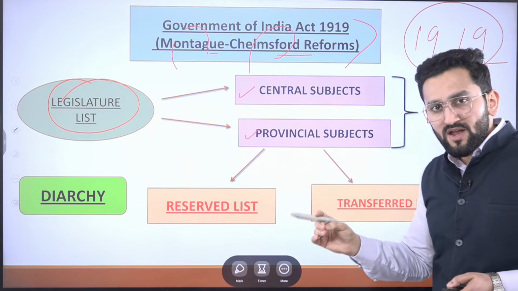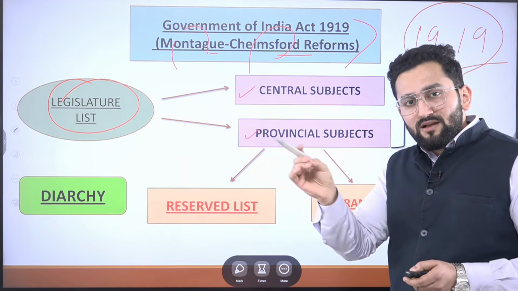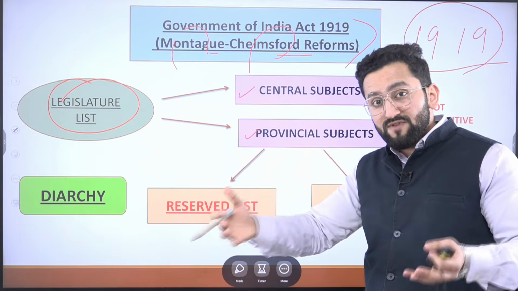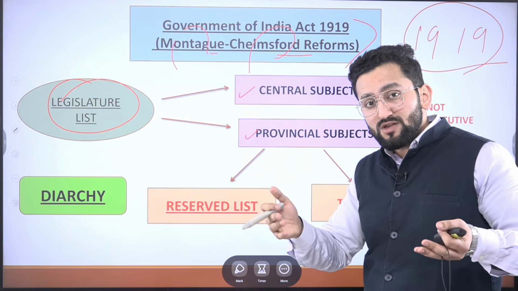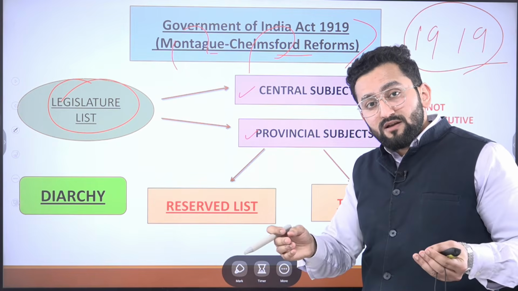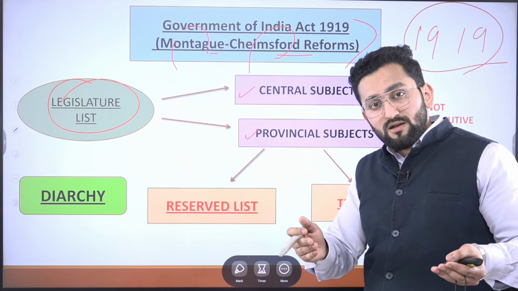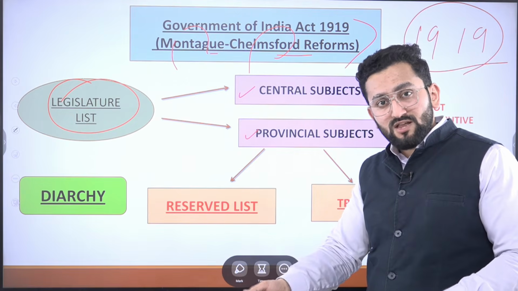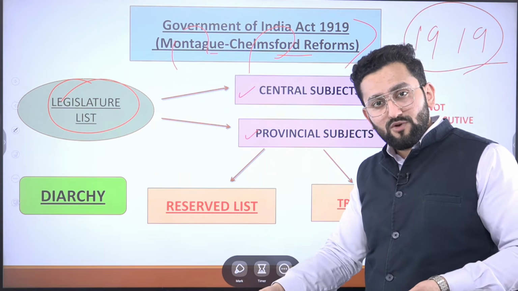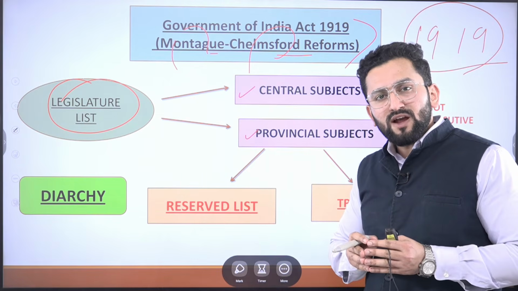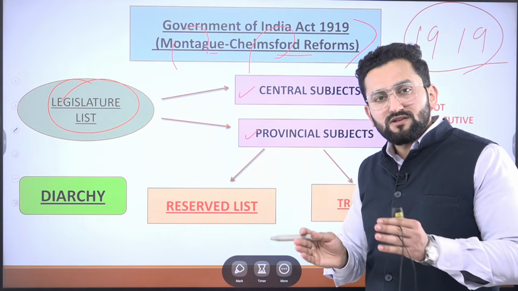It means earlier this Governor General's Council, the Central Legislative Council, had power to make law on every subject, and on some subjects there was huge overlap with the provincial Legislative Council. So the need arose: why not divide our spheres?